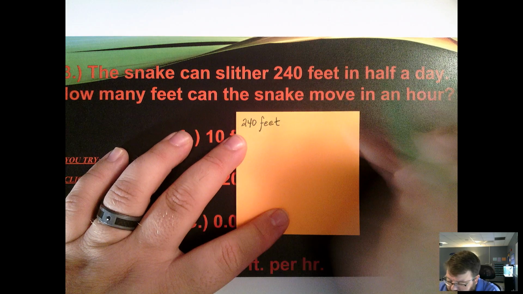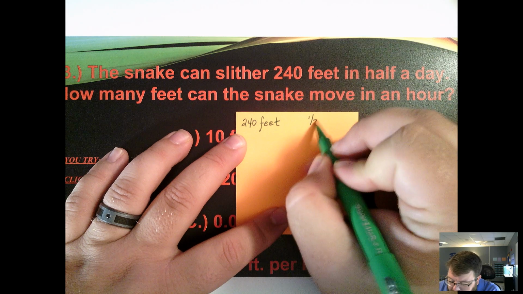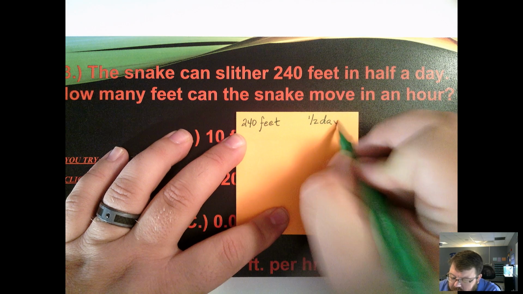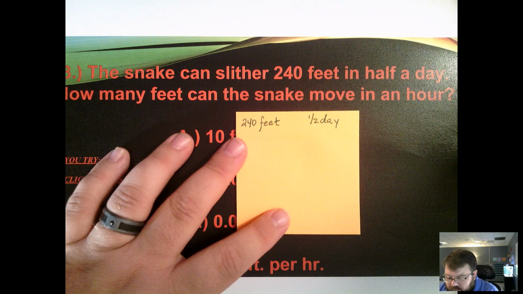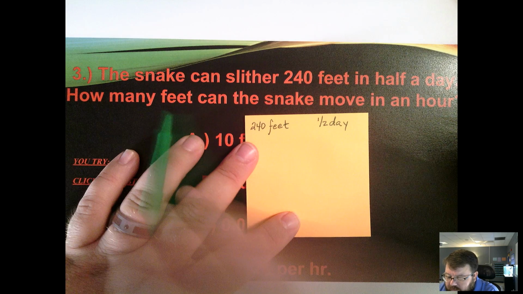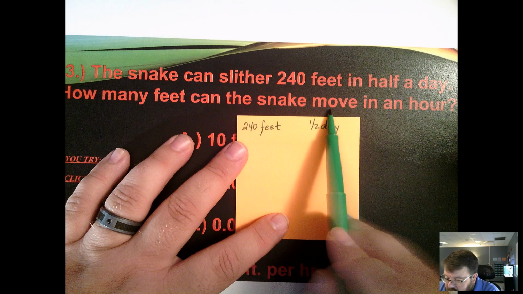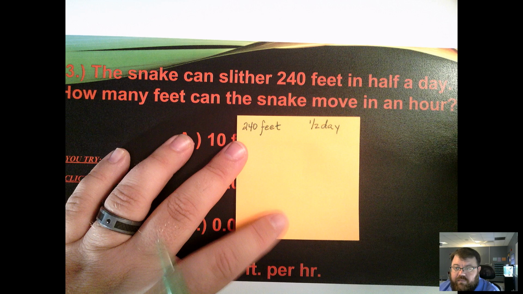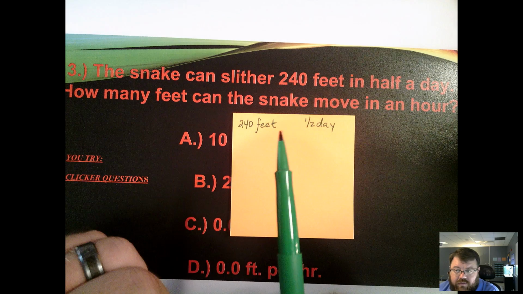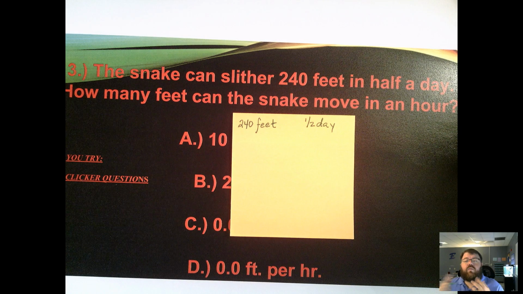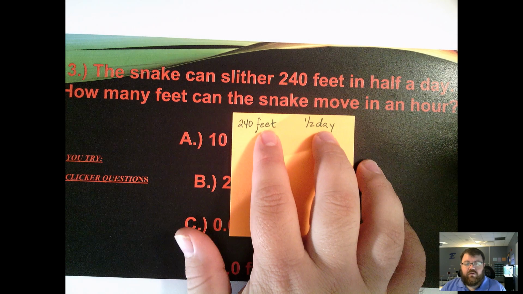And then we have half a day. Now, the question says, how many feet can the snakes move in an hour? Okay, so that changes things. It wants to know how far it can go in 1 hour. But I don't have hours as my units.